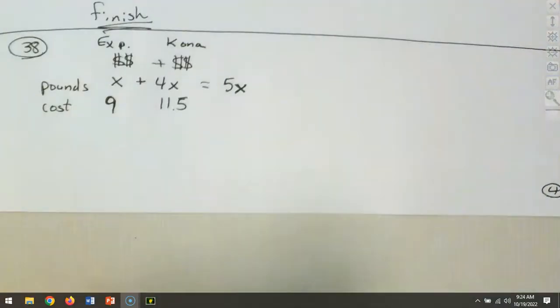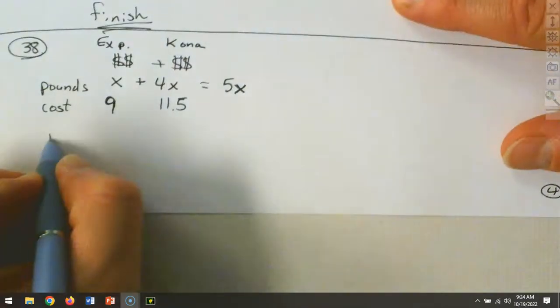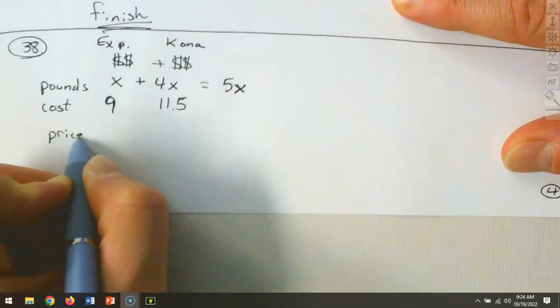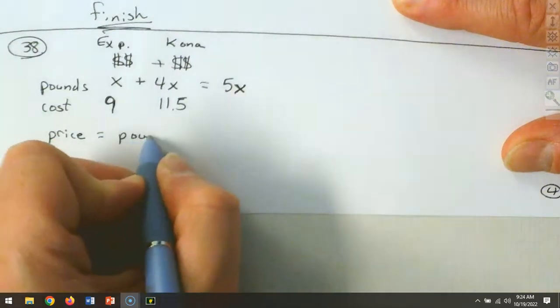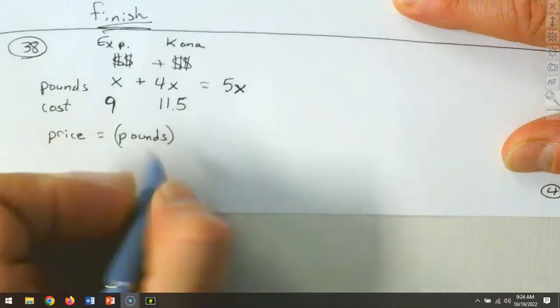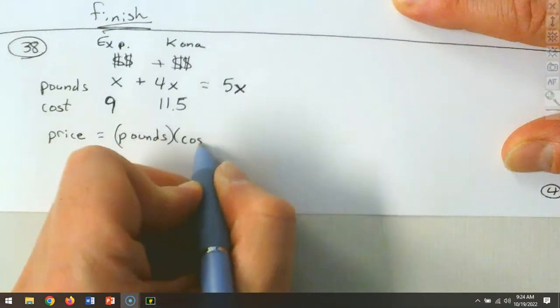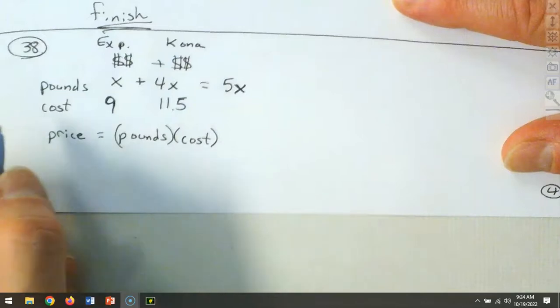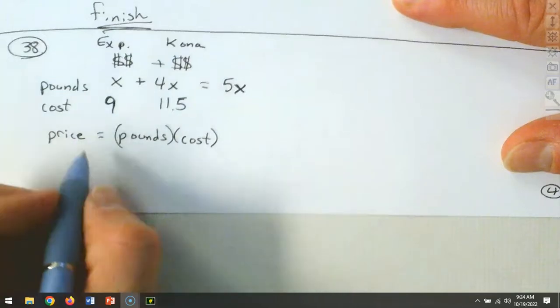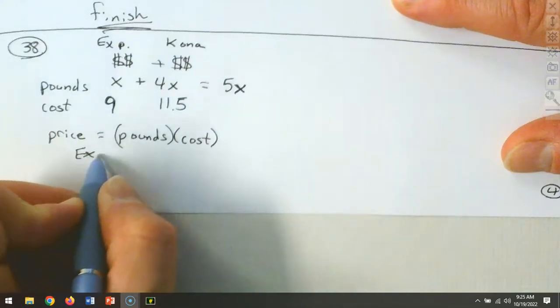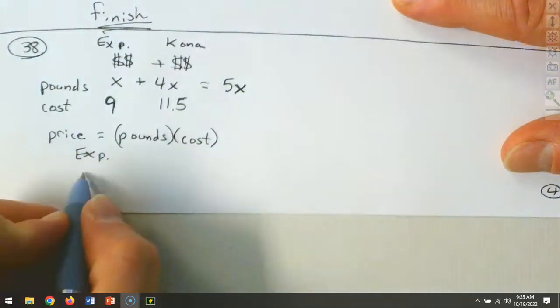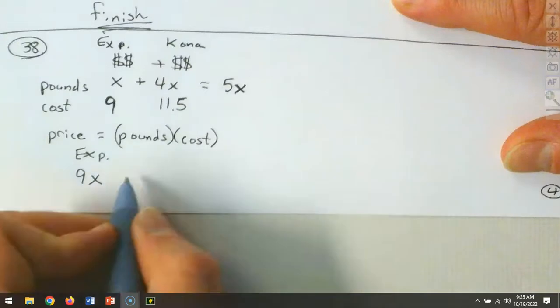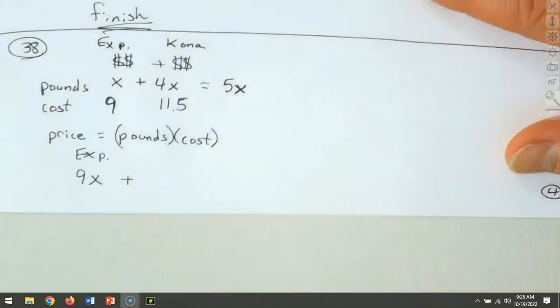Okay, so let's go ahead and build our equation. Just like we did last time, the price is going to be the number of pounds of coffee times that cost. And if I look at the espresso, espresso costs $9 a pound, so that's 9x there.